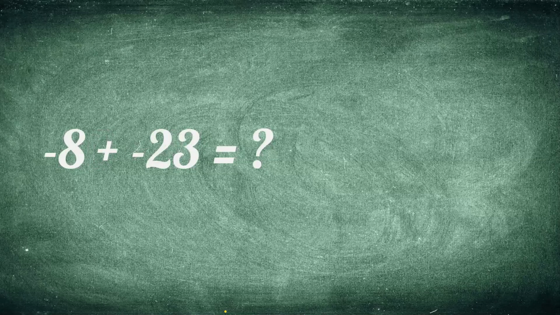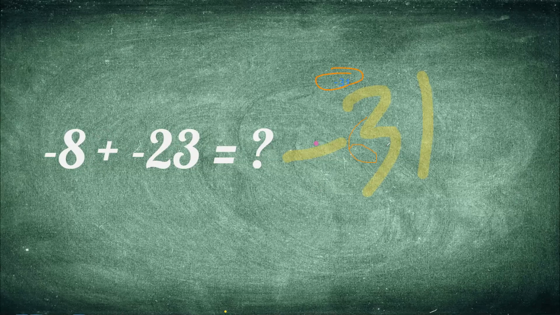-8 plus -23. Okay, -31, -31, good. Oh, the type, good. Who put the type there? Who put this one there? The blue type. How'd you make it bigger?